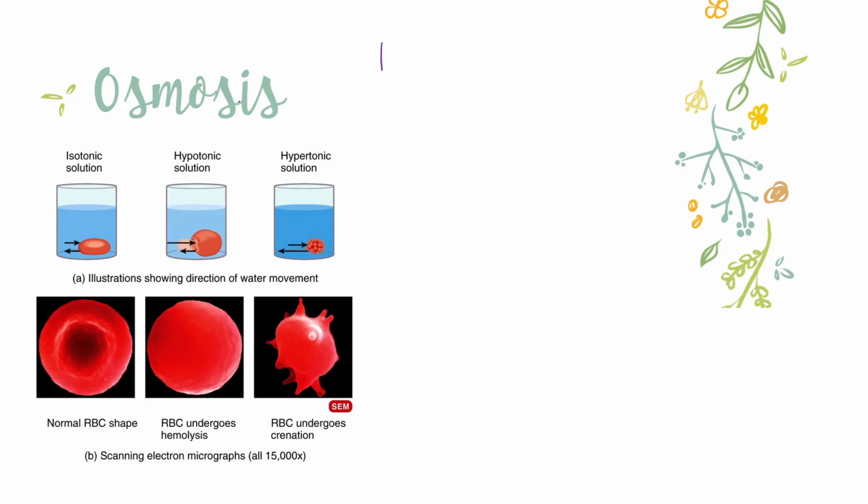Let's start with hypotonic. When we say the solution is hypotonic, kids, it means the solute is low and the water content is high. Remember that we need to reach an equilibrium, meaning the inside and outside of your red blood cell should be balanced.